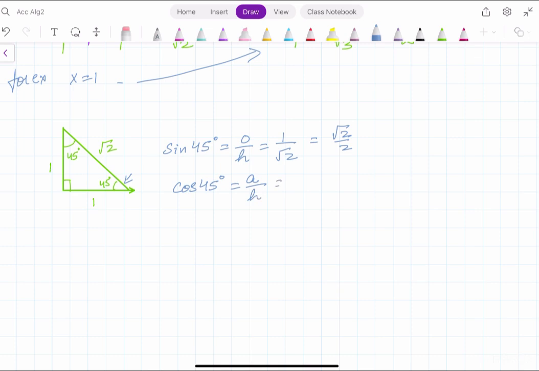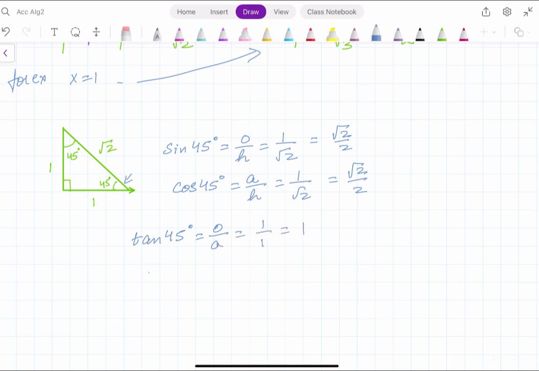Cos 45 will be the same as well. So you can see that sine and cosine at 45 degrees are the same. Tangent of 45 is again opposite over adjacent, so it will be just 1.